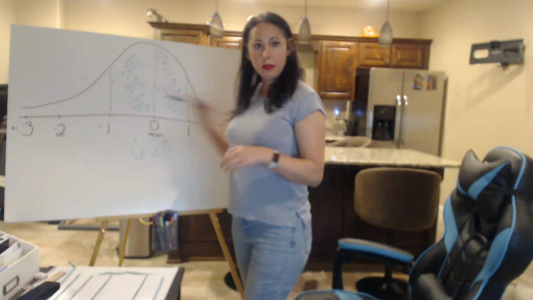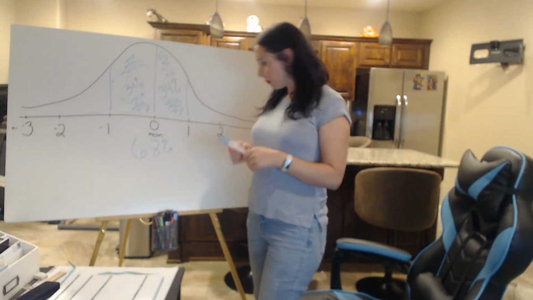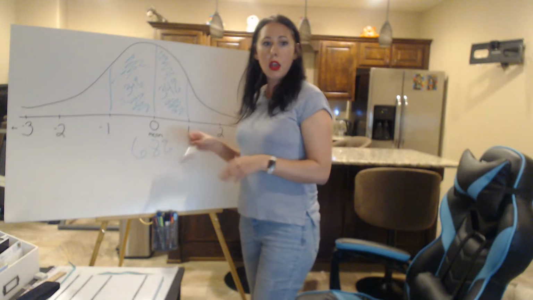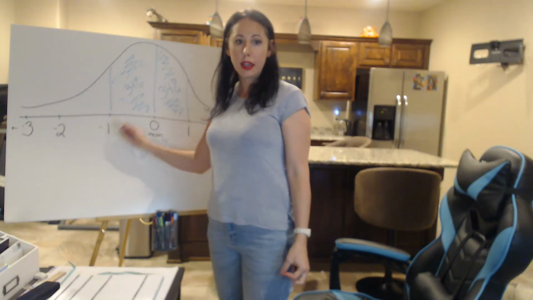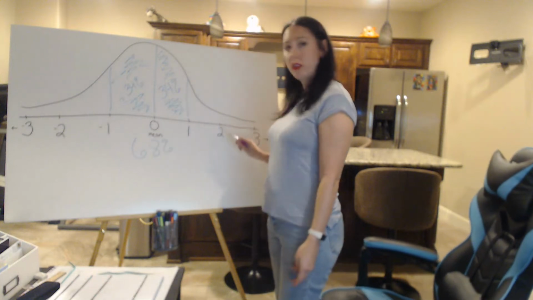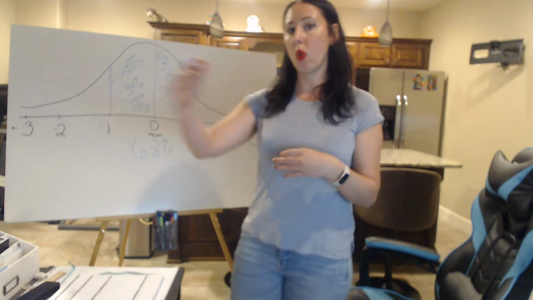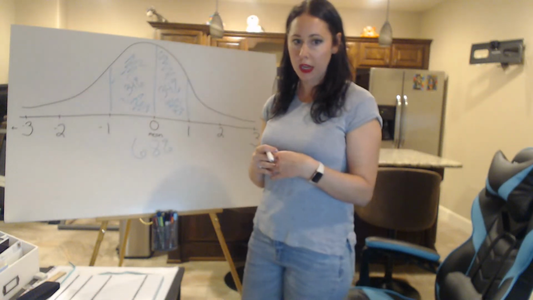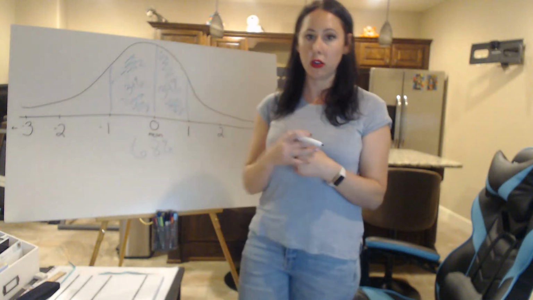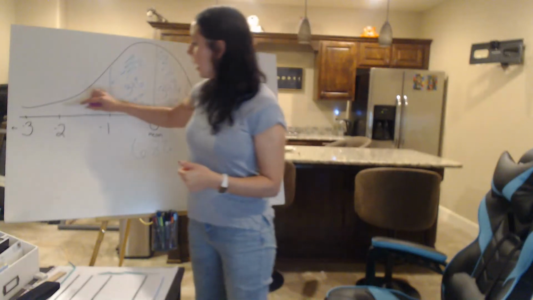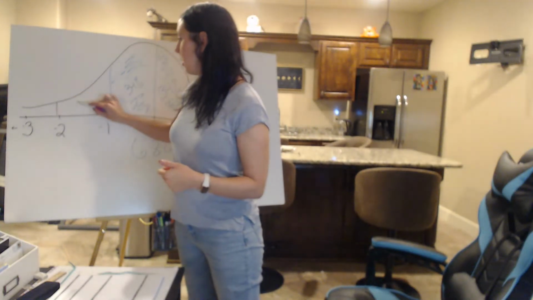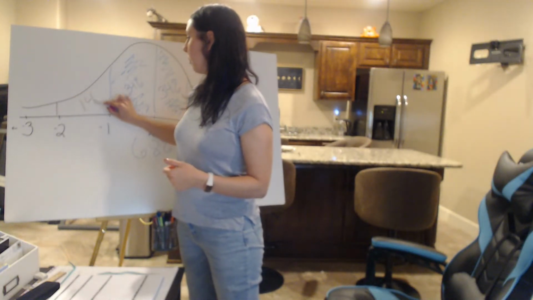As we go down, see our tail's getting smaller here. As we go down, we see fewer scores happening between -2 and -1 and 1 and 2. So getting more than one standard deviation away from the mean, this number is 14% on each side.